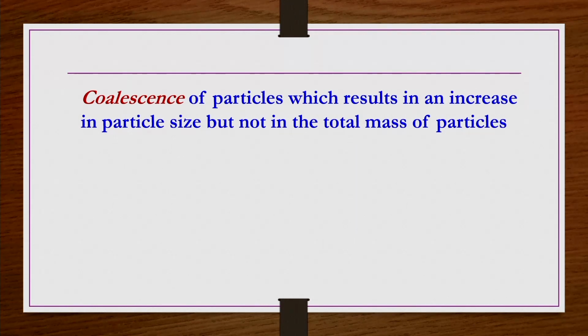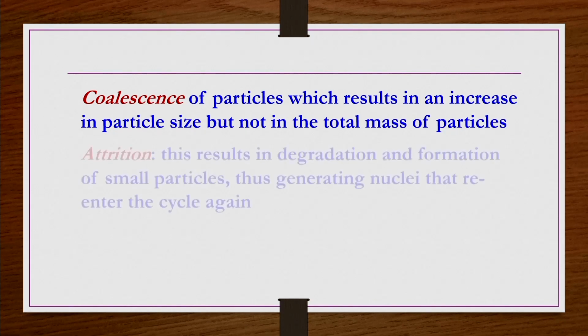Let us say you take 2 particles only; whatever the weights of the individual particles are, if you add them together, that should be the weight of the agglomerated bigger particle formed by coalescence. Sometimes the entire material of the 2 particles may not form one bigger particle, so one bigger particle and some fractured pieces may also form. So the entire mass will remain the same, though bigger size particles are forming.